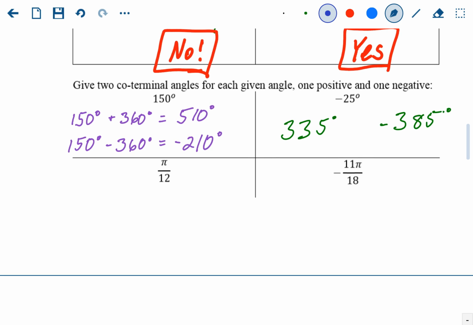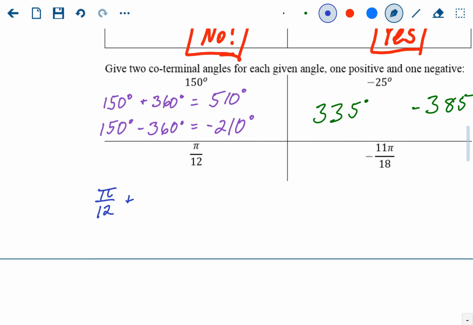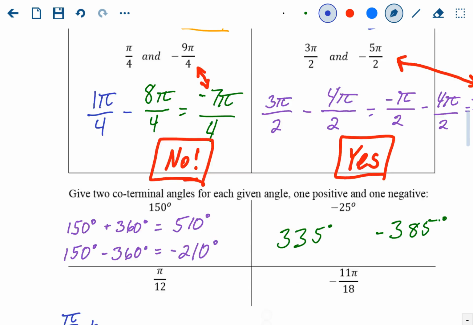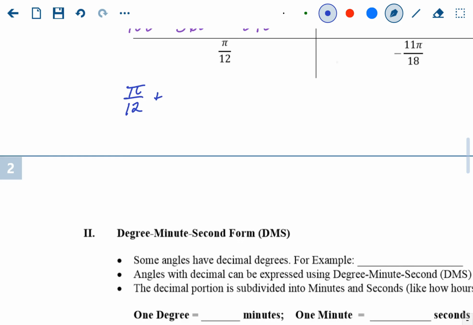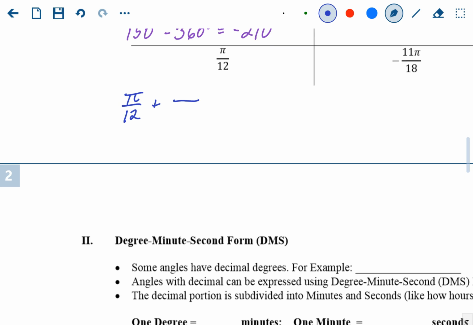Now again, for the radians, you're going to have to add and subtract 2 pi. So I got pi over 12. And instead of doing plus 2 pi, we want to make that have a denominator of 12 because it's easier to work with. So we take the denominator we need, which is 12, double that on top, 24.